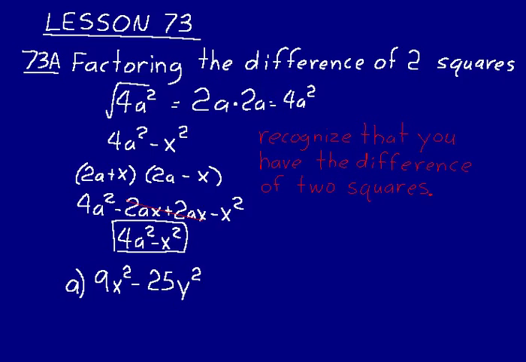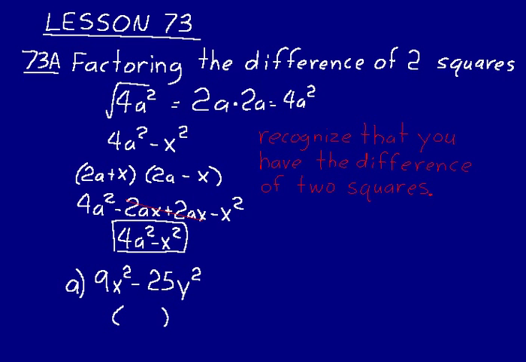Let's do practice problem A. Let's factor that into two binomials. So basically we're factoring a binomial into two binomials. That seems kind of strange, but that's what we do here because we recognize we have a difference of two squares. We see the subtraction sign, and then we see that 9x squared could be 3x times 3x, so that's a squared term. 25y squared is the same thing as 5y times 5y, so that's also a squared term.